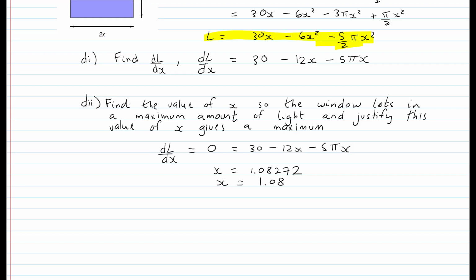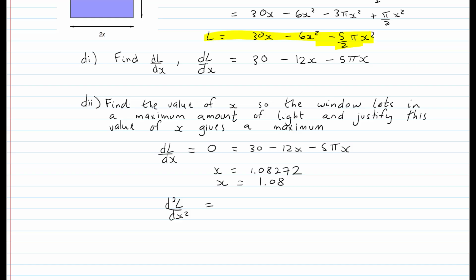Now we just need to justify it's a maximum. So we could just state that L is a quadratic function of x and the coefficient of x squared is negative, and that will be enough to gain you the mark. Or we could take the second derivative if you prefer that way.